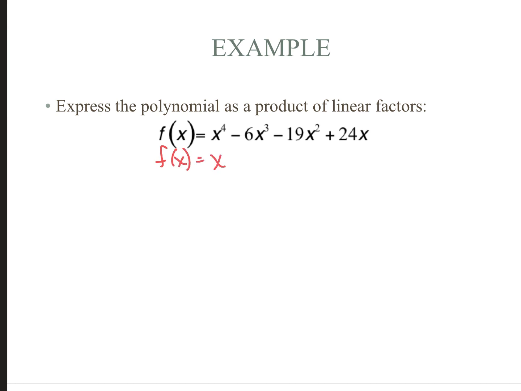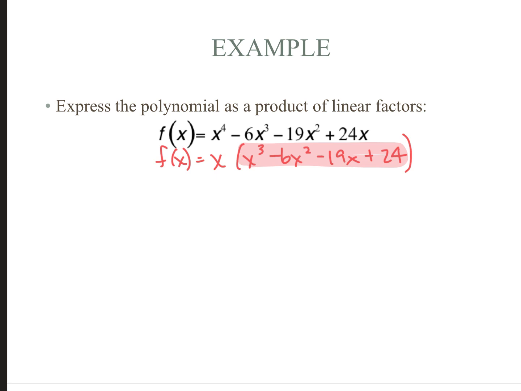They all have an x in common. So x to the third minus 6x squared minus 19x plus 24. All right, but right now, the only factoring method that you know for 4 terms, because this polynomial has 4 terms, is grouping, and grouping doesn't work on this problem.